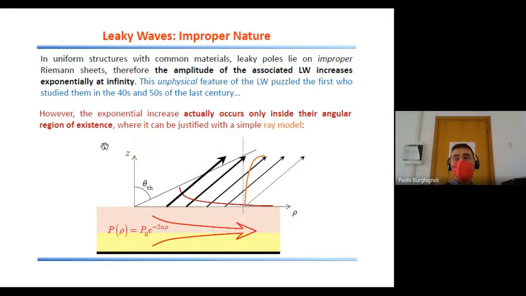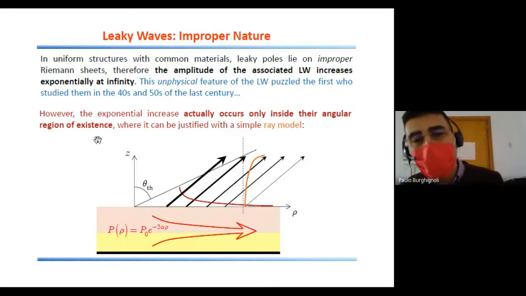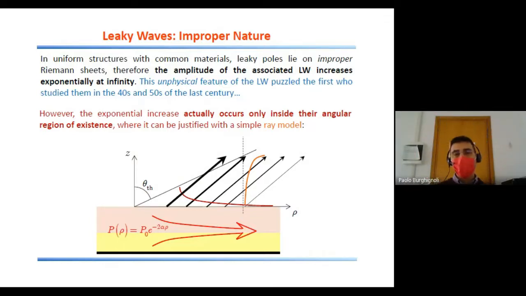And that can be grasped also by sticking again to a ray optics model of the mechanism of radiation that is intrinsic to leaky waves. Consider a leaky wave that is excited somewhere around the z-axis and then therefore propagates radially along the rho axis.